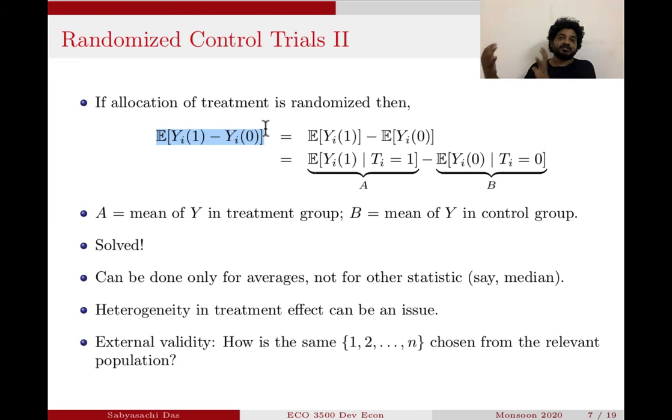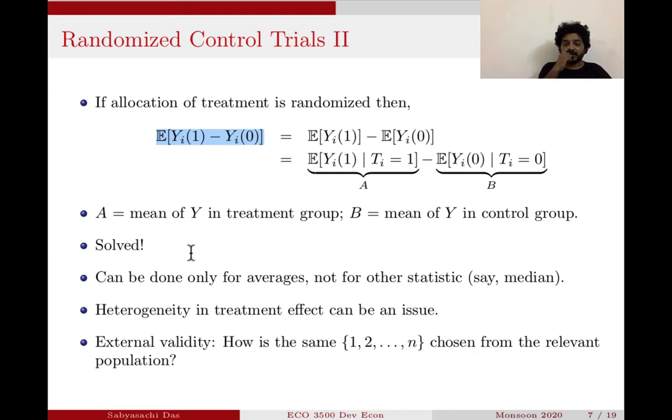Because the treatment group is effectively identical to control group, so their average will be same as the average of the population. So that effectively solves the problem of finding out counterfactual and computing average treatment effect.